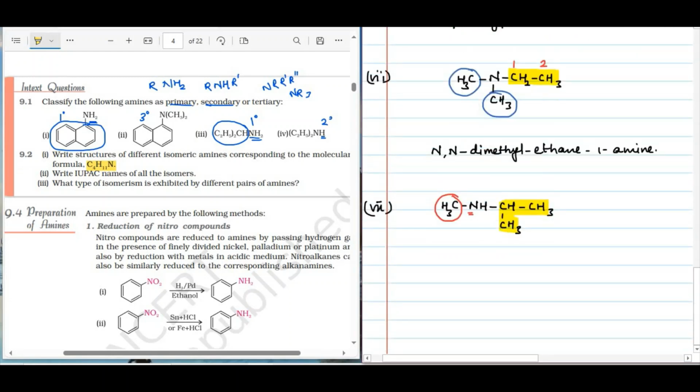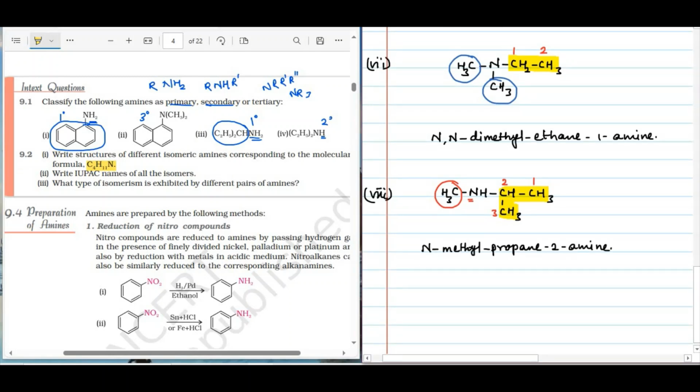When you number the chain, you can number it from either direction, 1, 2, and this is 3. Now for this molecule, you can write N-methyl propane 2 amine.